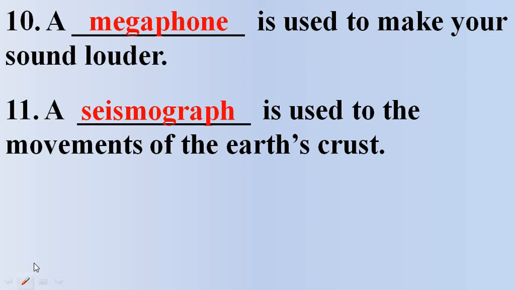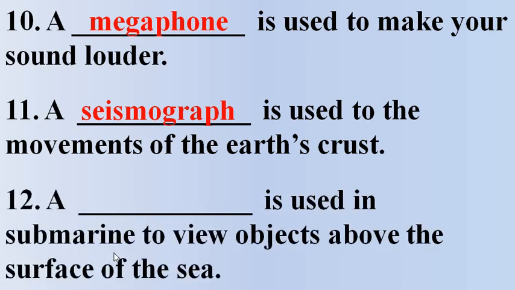Now let's move for the next blank. Number 12 is a blank is used in submarine to view objects above the surface of the sea.